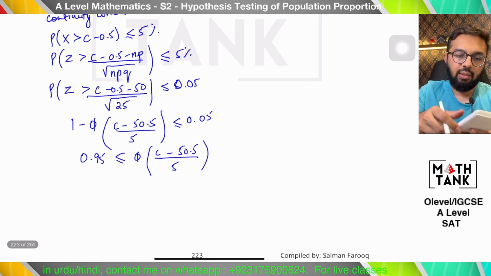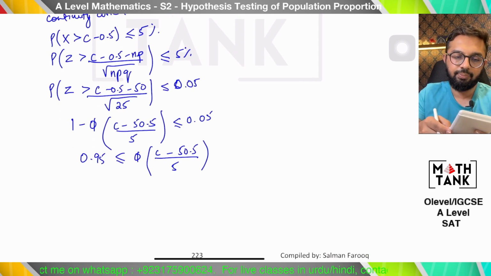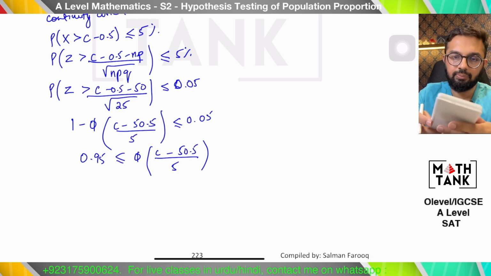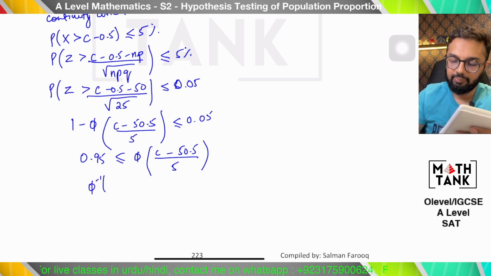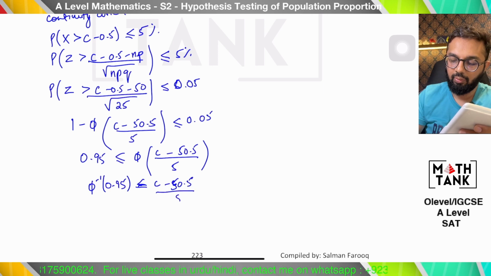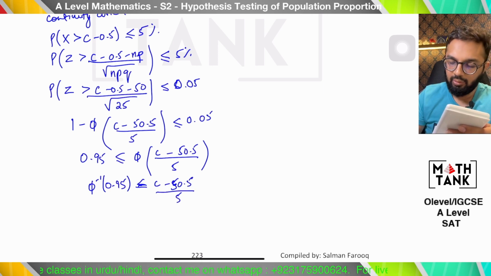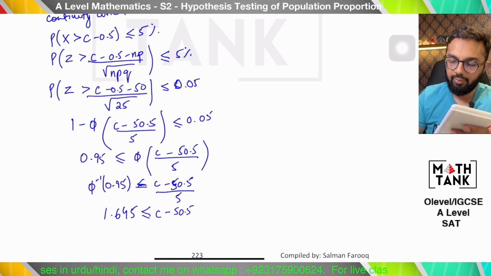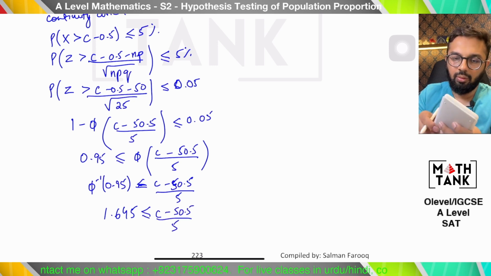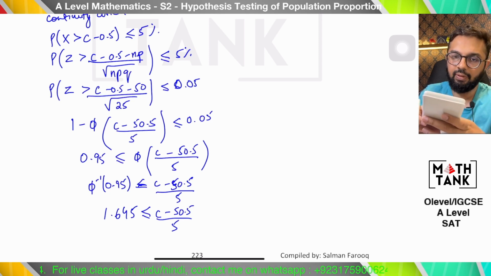Phi inverse normal gives 1.645. So 1.645 into 5 plus 50.5.